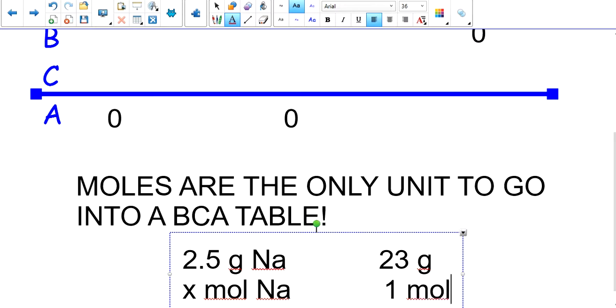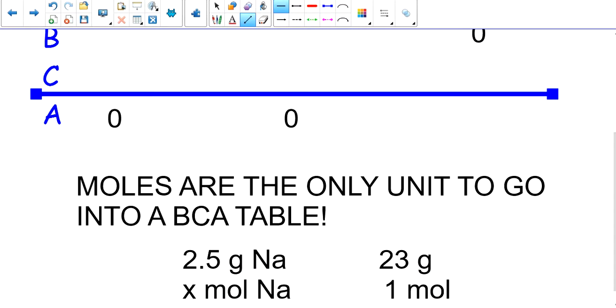Now, we've been doing problems like this all year pretty much. And so when I say units of grams per mole, I can set up a very easy proportion here. Notice that grams are on top, moles are on bottom. I just set them equal to each other like that. How do I solve for that? Well, I just simply cross multiply and divide.